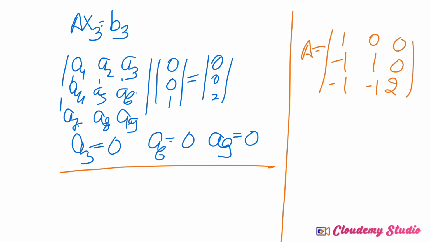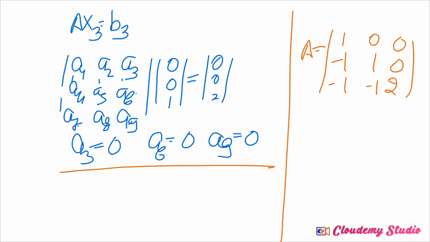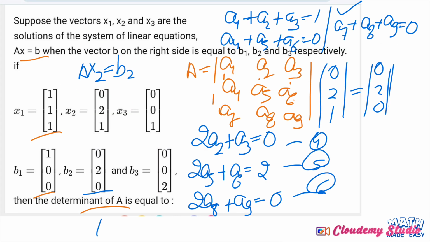And what we have to find in this is the determinant of A. So for the determinant of A, clearly the diagonal values give my determinant, 2. I hope this was clear to you. Thank you so much.